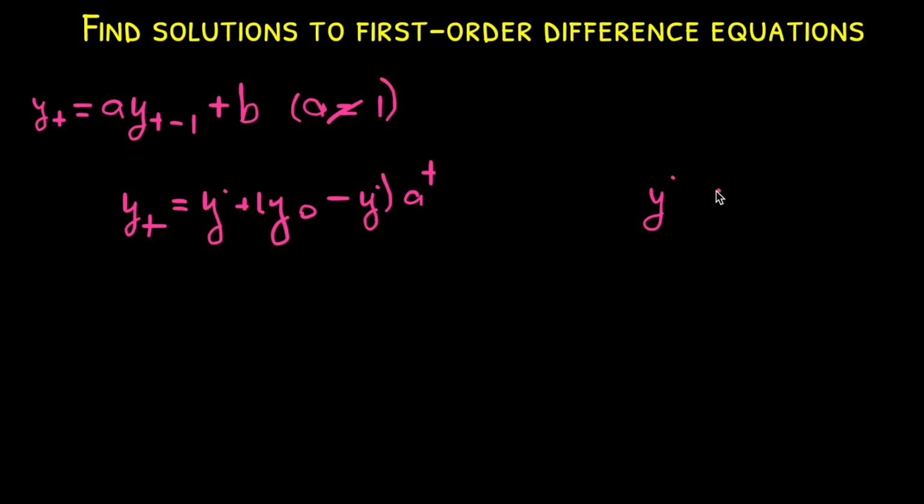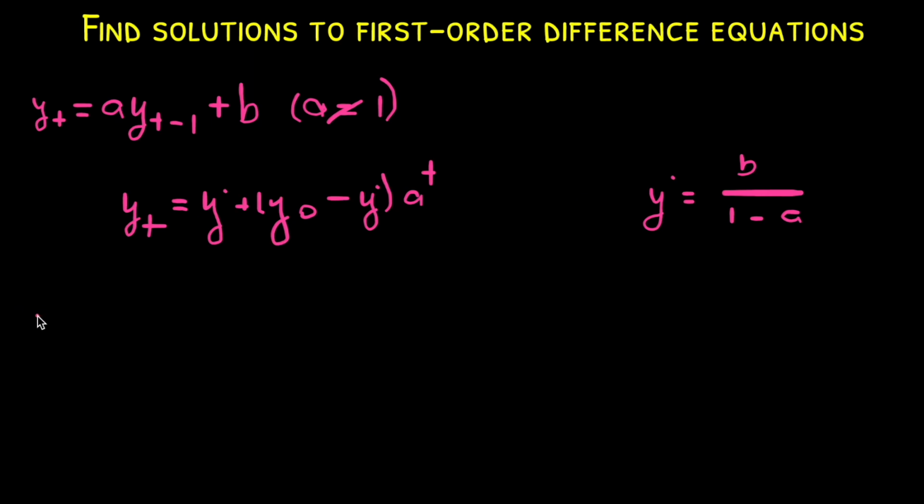But this is true only in the case where y star equals b divided by 1 minus a. Now you can see why a cannot equal 1, because that means we would have to divide by 0, which is not going to give us a solution.